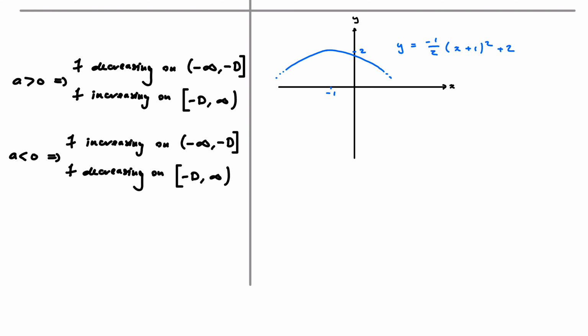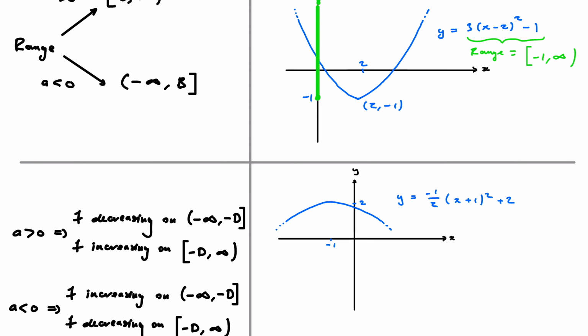Okay. So here A is negative. So I should be in this position. Is that correct? Well, yes, right? Before I get to -1, I'm increasing. And then after -1, I'm decreasing. So perfect. This fits exactly with the story. And you can see why the A is important, because if I was to choose a positive A, it would be upside down, like the one above, and then the story would be reversed.